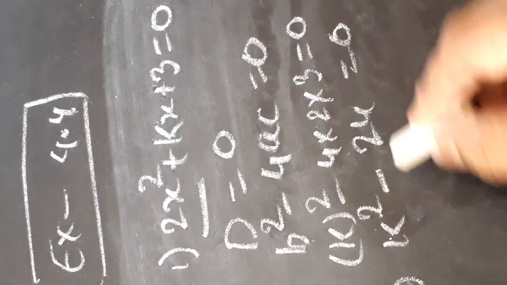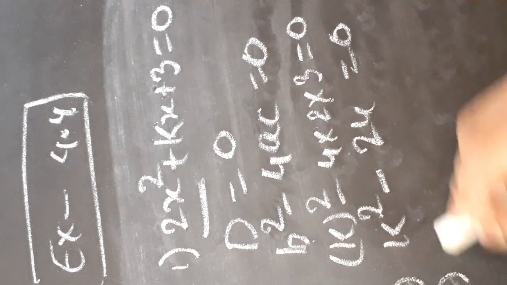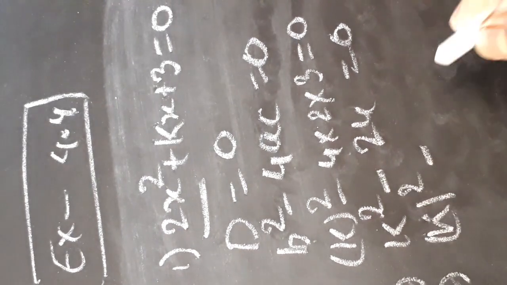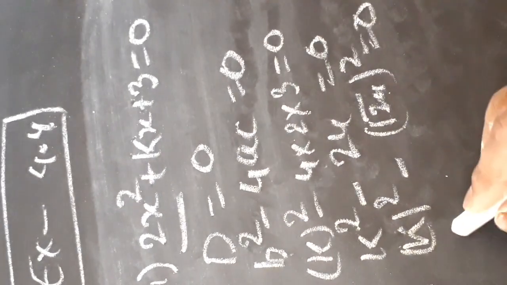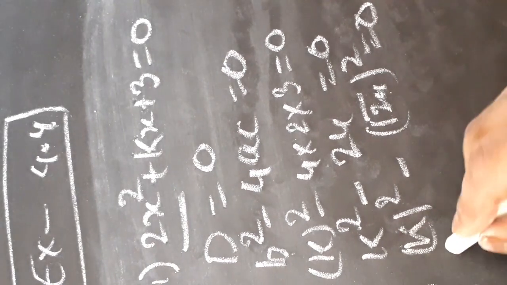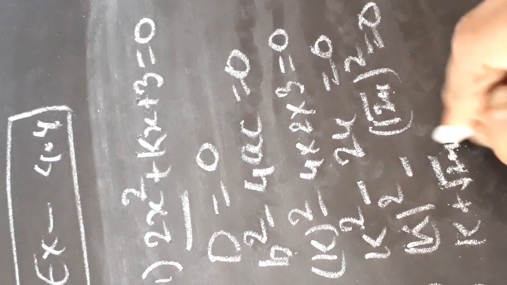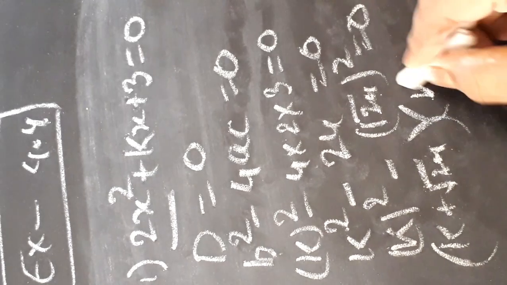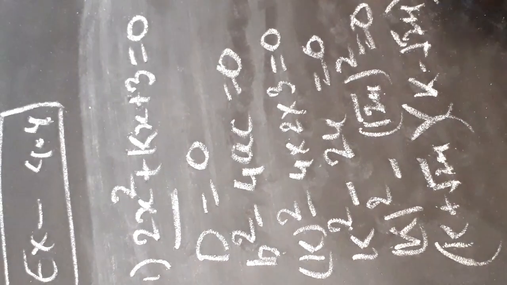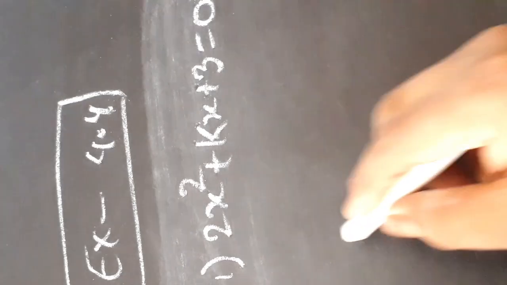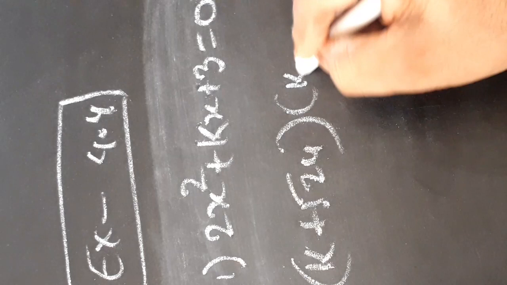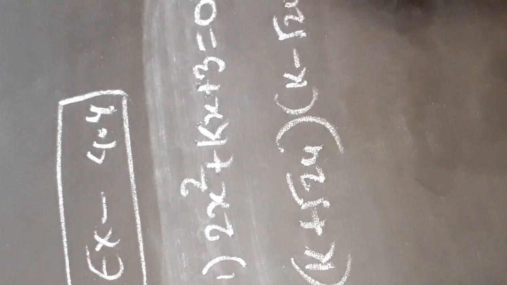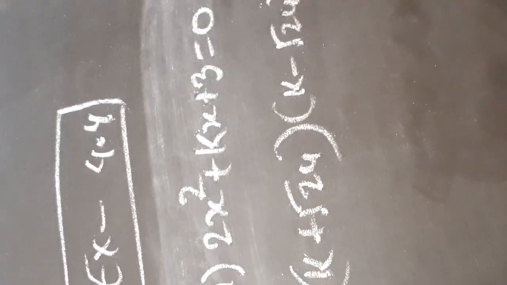Now we can use the identity a² − b² here. It becomes k² − (√24)² = 0. Then it will become (a + b)(a − b), so (k + √24)(k − √24) = 0. Now we take one by one.